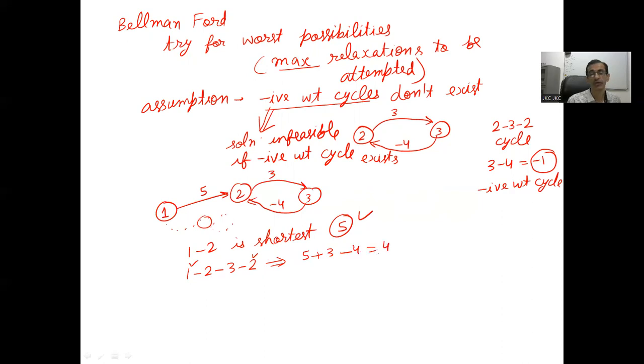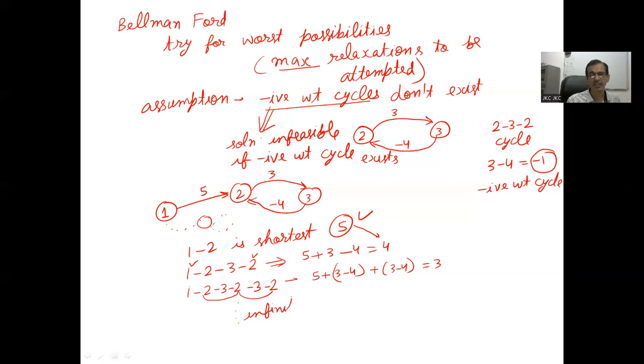It is further reduced, and that indirectly creates a problem, since I can repeat the cycle again: 1 to 2, 2 to 3, 3 to 2, again 2 to 3, 3 to 2. That is 5 plus 3 minus 4 done once, then 3 minus 4 again, and it becomes 3.